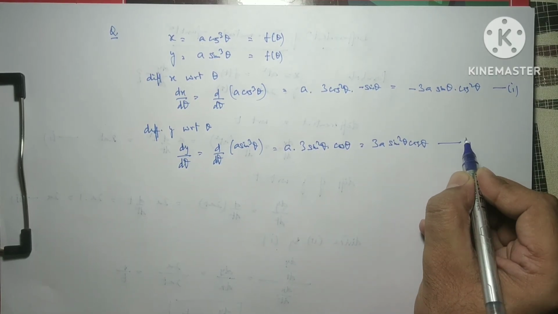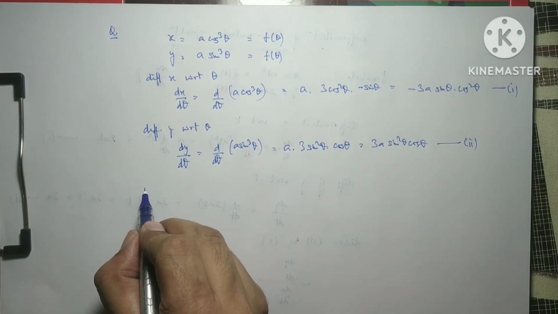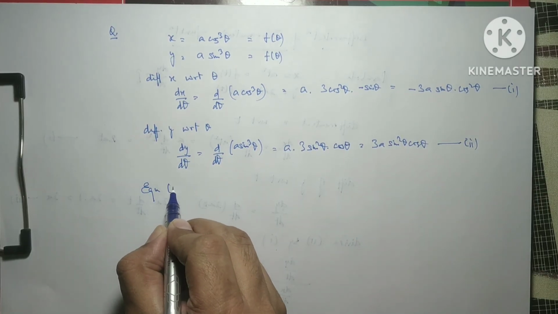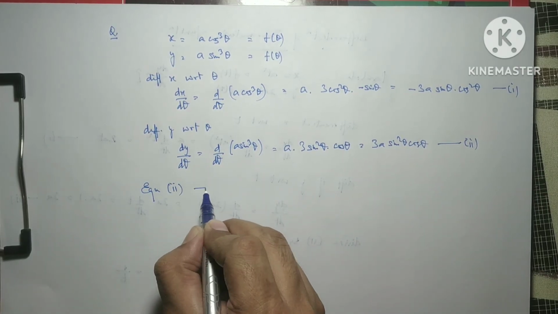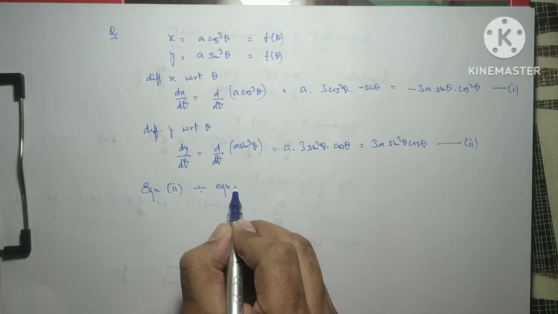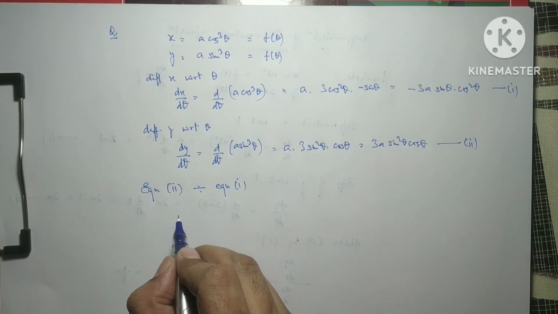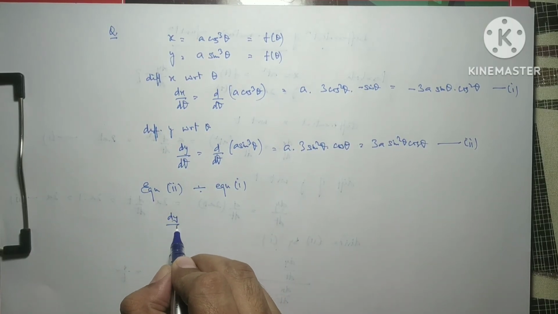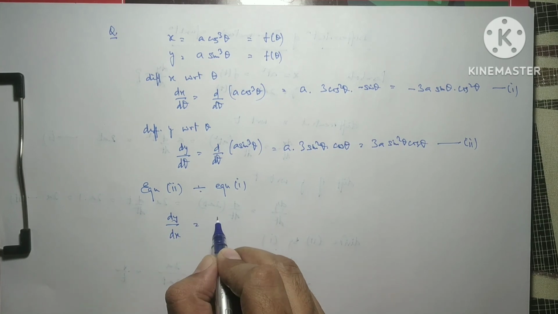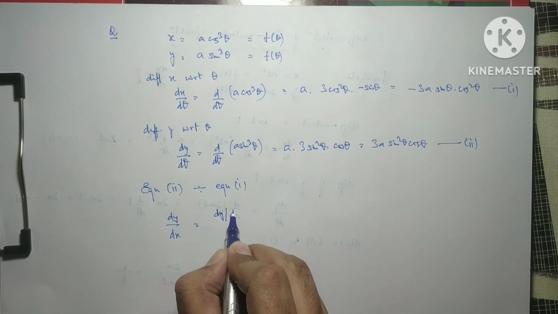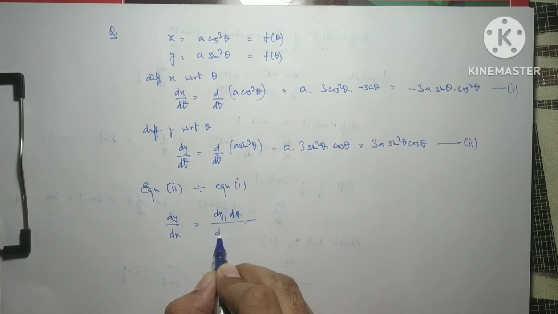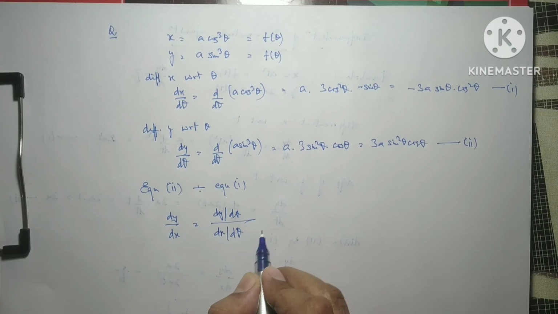This is equation 2. Equation 2 divided by equation 1, since you want dy over dx, or dy over d theta divided by dx over d theta.